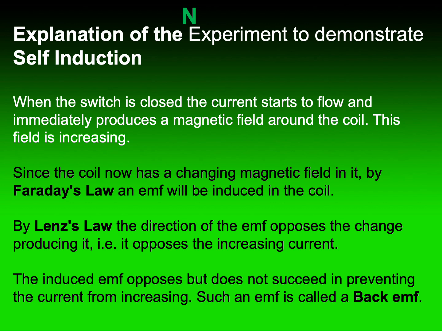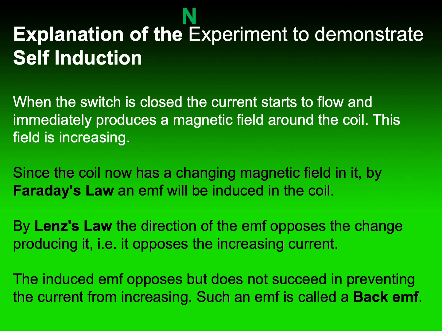So there's a magnetic field building up around that coil, it's increasing, and the coil has a changing magnetic field while it's building up. So we know from Faraday's law that an EMF is induced in the coil. By Lenz's law, we know the direction of the EMF opposes the change producing it. So it's opposing the increasing current.